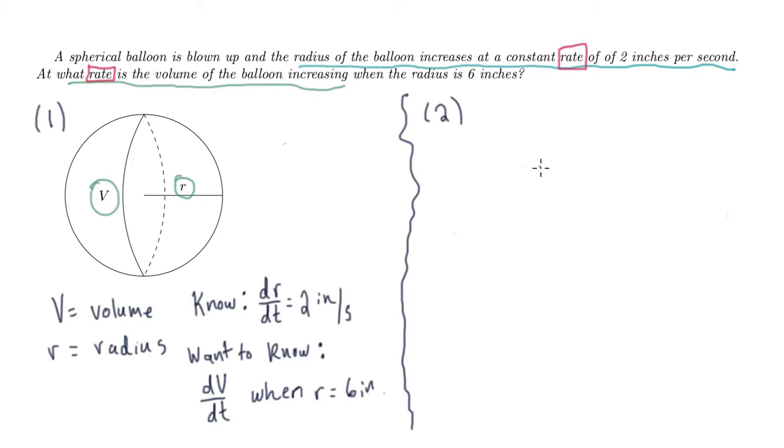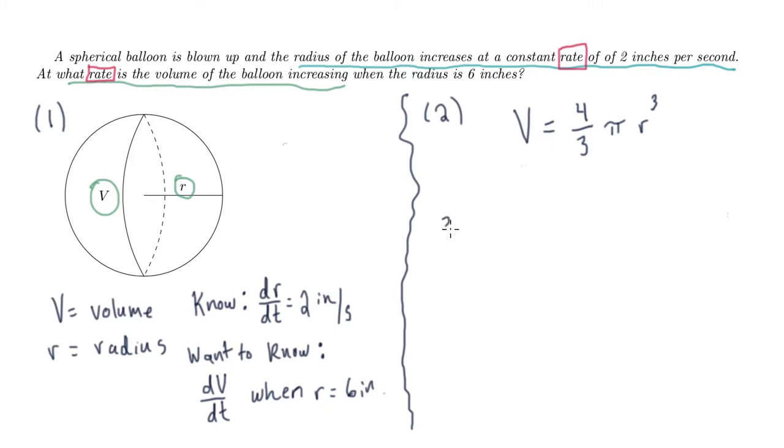And maybe you know, maybe you don't, but I'm going to tell you, the volume of a sphere is 4/3 pi r cubed. But there's nothing really magical about this step because it's just information that I either know or need to look up to figure out the relationship between V and R. Volume of a sphere is 4/3 pi r cubed. And that's all we do in step 2.